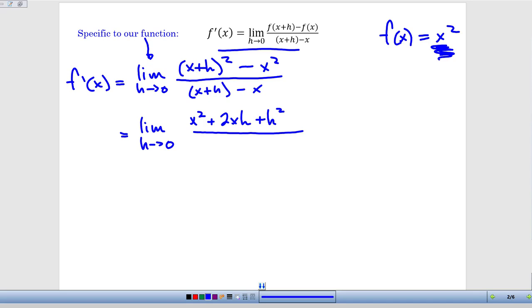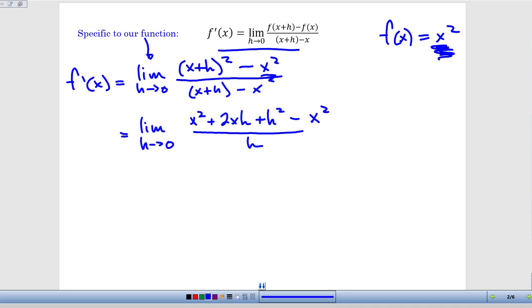So that's the result of having FOILed out the x plus h squared. And then, of course, I still have the minus x squared from the second part of my numerator. And then in the denominator, we've got x plus h minus x. And so I'm just going to end up with h in the denominator. Those parentheses don't mean much, so my x's are just going to cancel out.